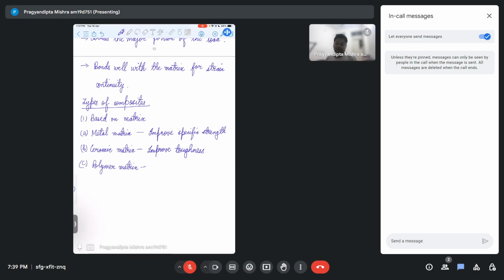We can also have different types of composites. We can classify them based on the type of reinforcement.